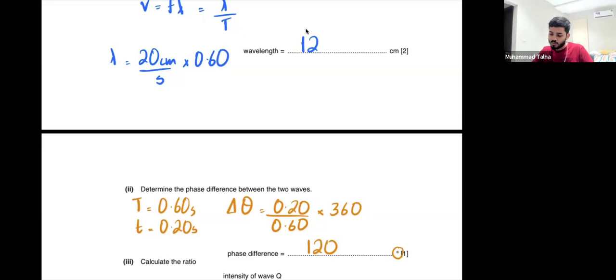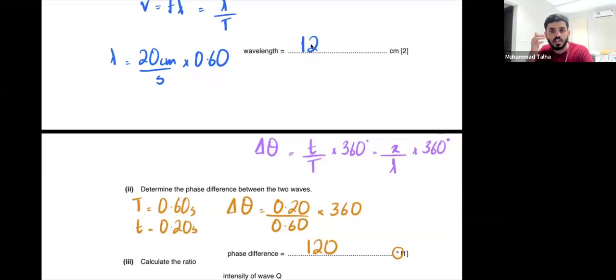You have both formulas: delta theta is t over capital T times 360 degrees, or, if I call the distance apart x, x divided by the wavelength times 360. So it could be in terms of wavelength, or in terms of time periods.